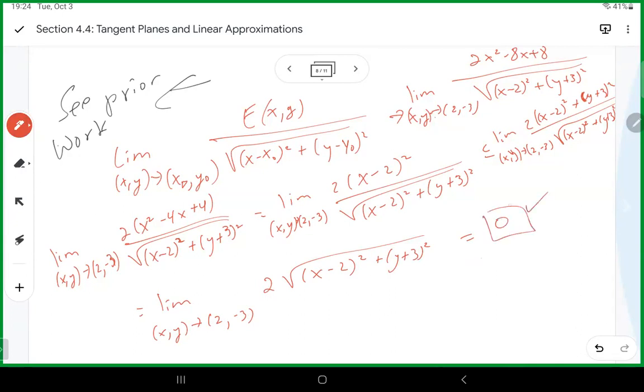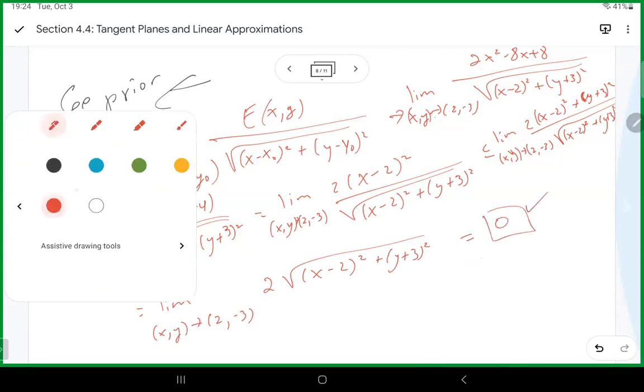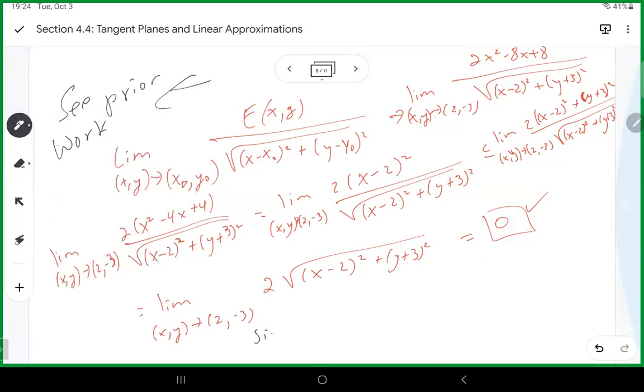Okay. Since, here's what you need in writing. Since e to the x sub y is greater than or equal to 0 for any x or y, the original limit must be equal to 0.